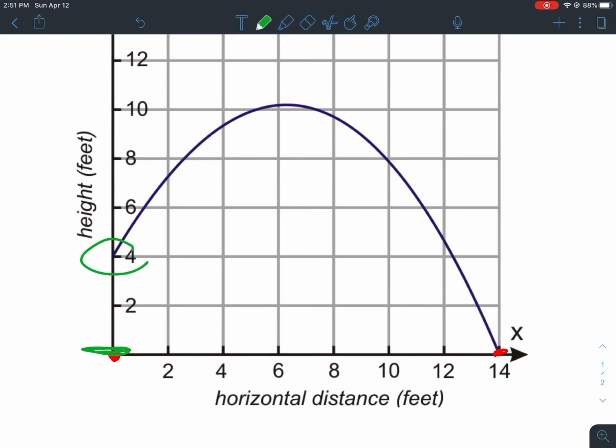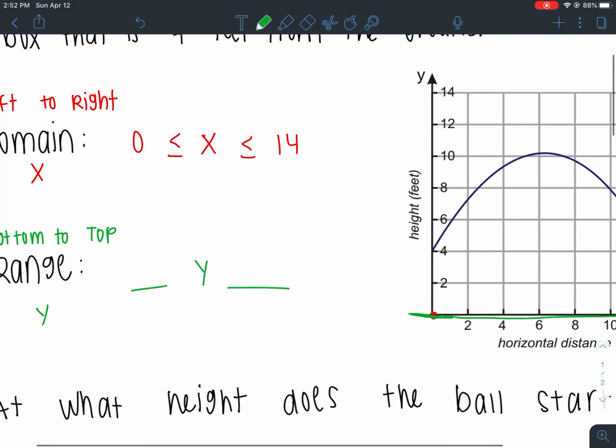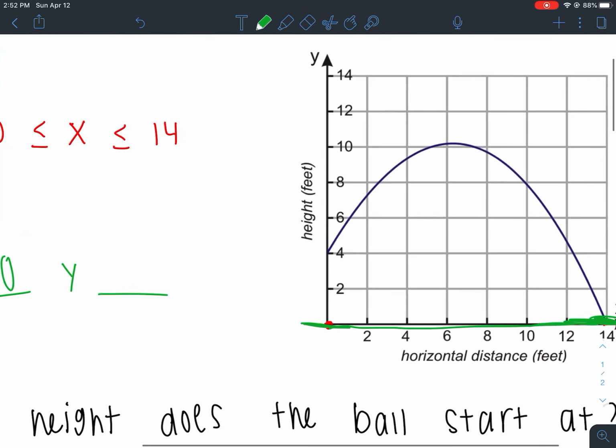That's why the ball starts up here and not on the ground. But eventually when they kick the ball, it goes up and it hits the ground. So here, the lowest y value is technically 0, because it's 0 when it hits the ground. So the most bottom is 0. Again, you might want to put 4, but remember that's not the most bottom the ball goes.